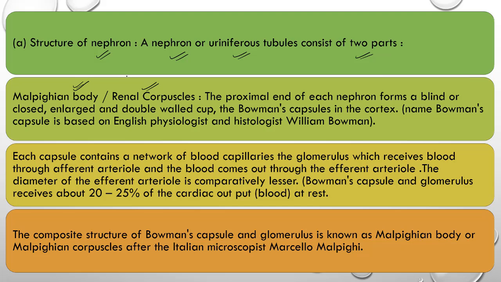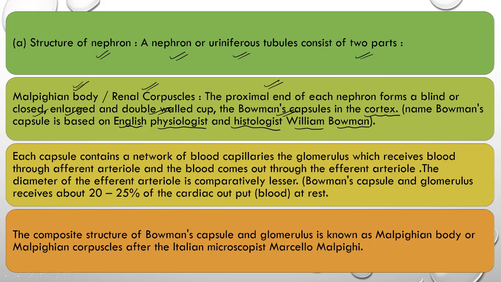The proximal end of each nephron forms a blind or closed, enlarged and double-walled cup, the Bowman's capsule in the cortex. The name Bowman's capsule is based on English physiologist and histologist William Bowman.